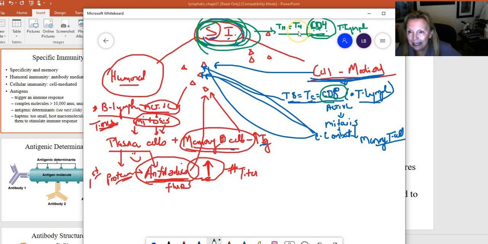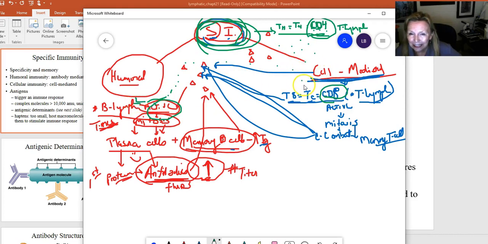Because it is these special kind of T lymphocytes, the CD4s, the helper Ts, that actually alert humoral immunity and cell-mediated immunity cells. They do it by secreting chemical signaling molecules that are going to be sent to activate the B lymphocytes.